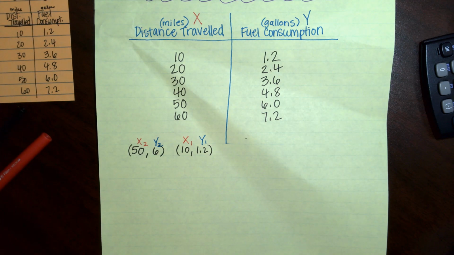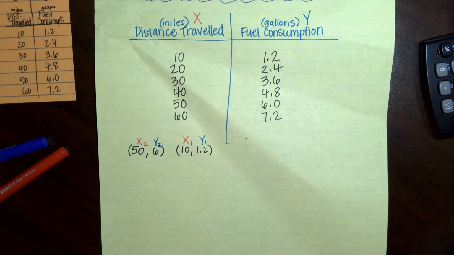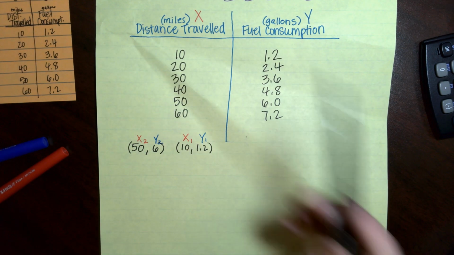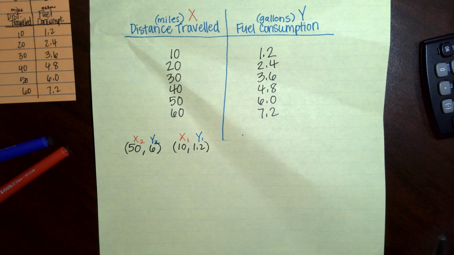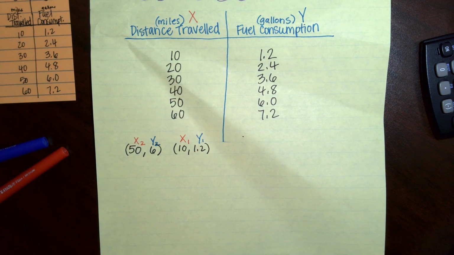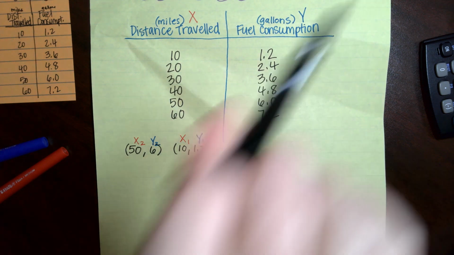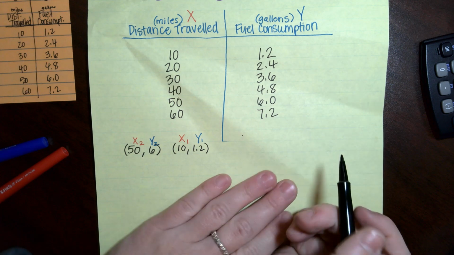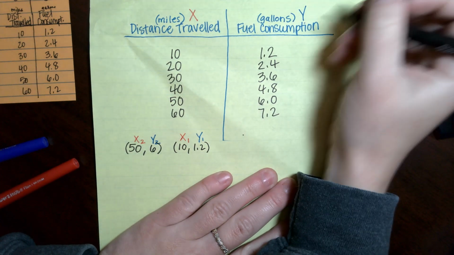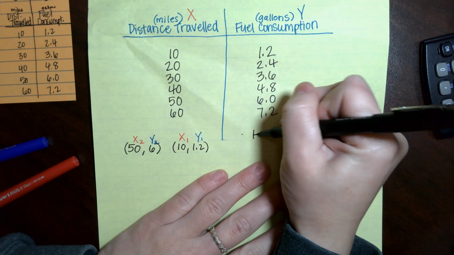All right, so I have all of this data in front of me. Now I want to write the equation of the line of best fit so that I can predict, for example, how much fuel will be consumed. I'm going to write a question for you.